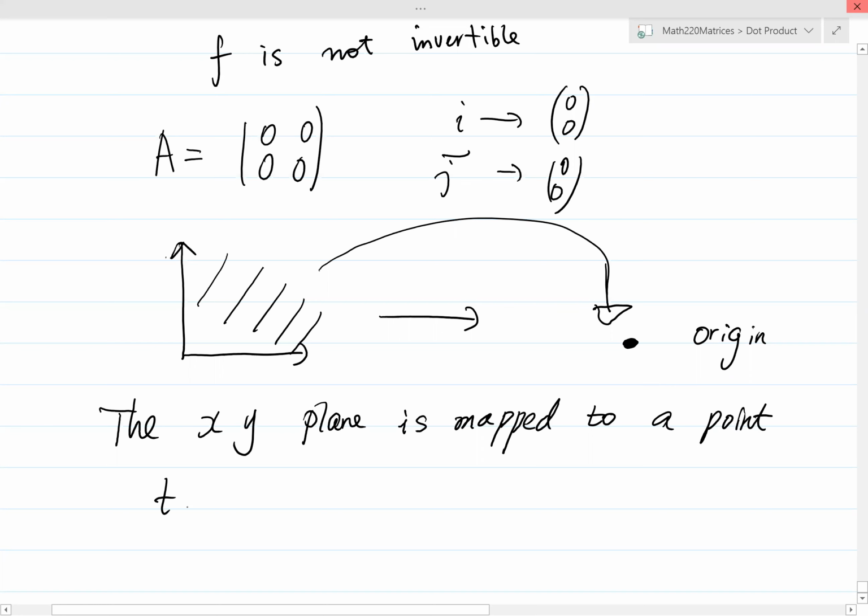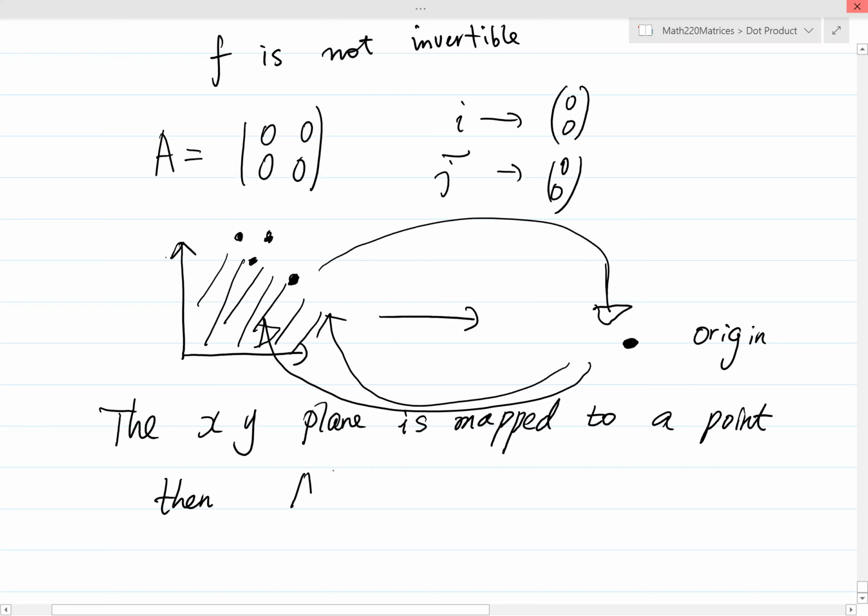Then we cannot invert this, because for a point you cannot map it to infinitely many things. When you do the inverse, you have infinitely many choices to make. So this is not well defined. Then A inverse is not well defined.